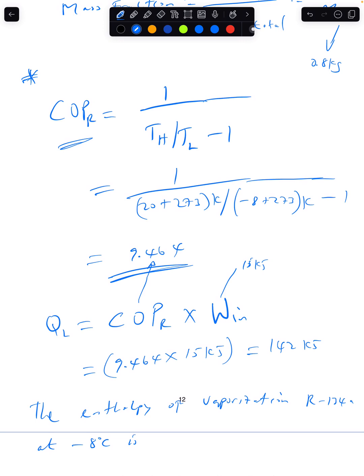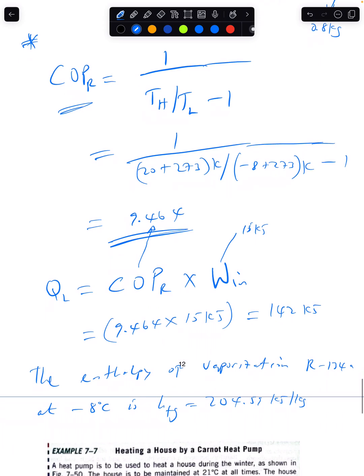If we look at the property for that vapor, we have 204.59 kilojoules per kilogram, and we are using table A11.